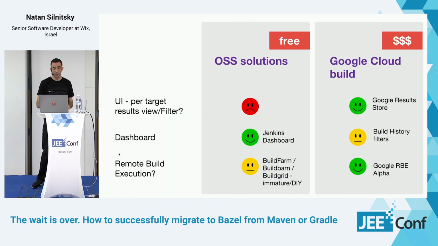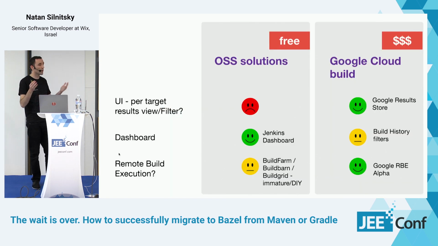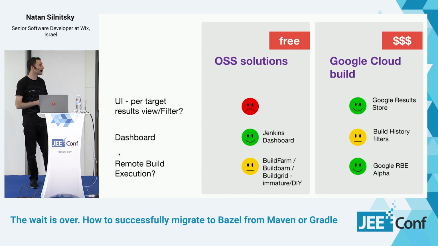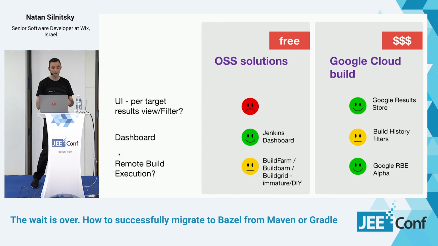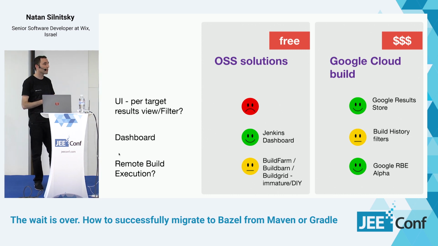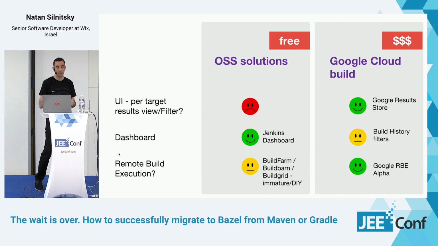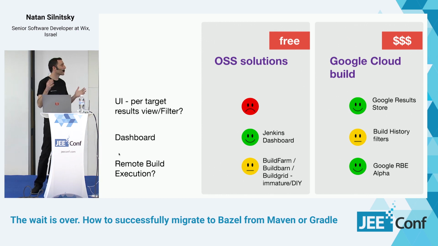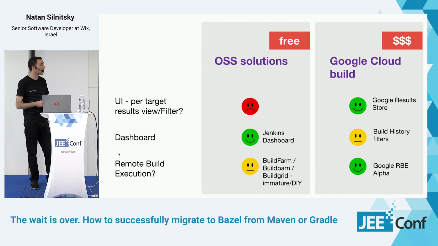And of course, with Jenkins, for instance, you have a rich dashboard, and you can add all kinds of plugins. And other CI solutions are also better at this set of features. We also saw today with Gradle, they have a very cool UI on top of the build scans that Mark has shown. So Google are working on improvements in that area. I think by the end of the year, they'll have a better product.